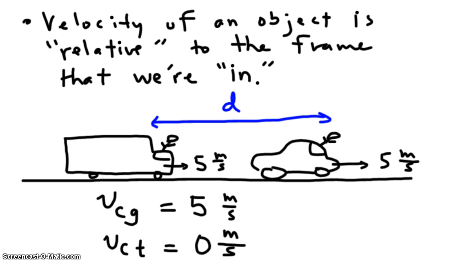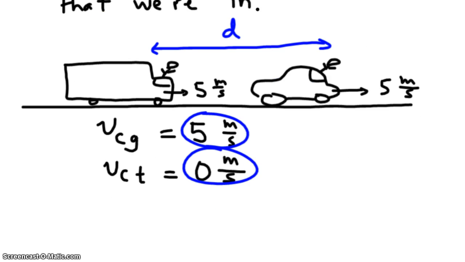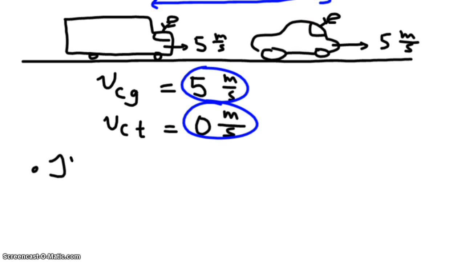So what do we mean by the term relative? We mean that the velocity of an object changes based upon which frame we're in. That's what relative means. So let's put that down in our notes.